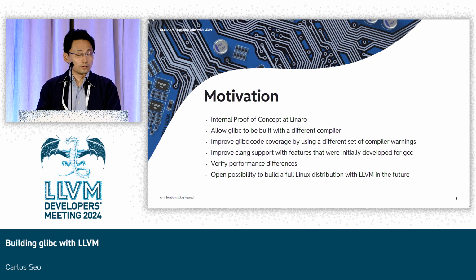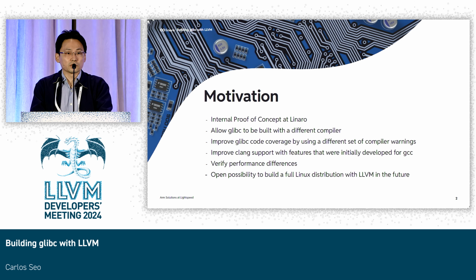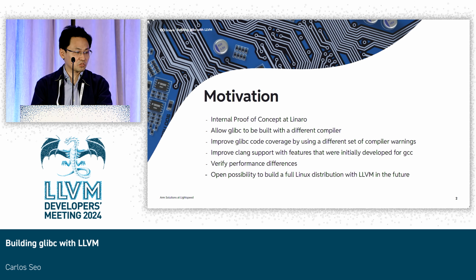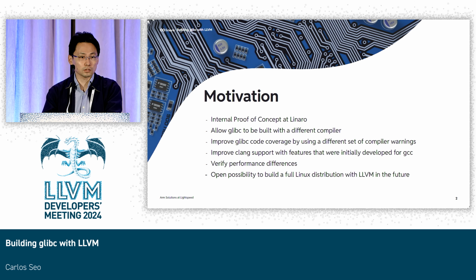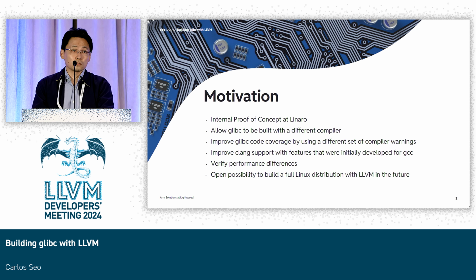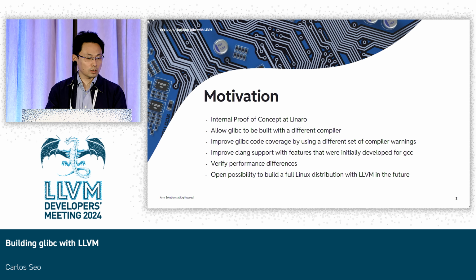Okay, so this is an internal proof of concept at Linaro, and you may be wondering why we decided to do it. The first thing was we wanted to allow glibc to be built with a different compiler. The second thing was that we wanted to improve glibc code coverage by using the clang set of compiler warnings.